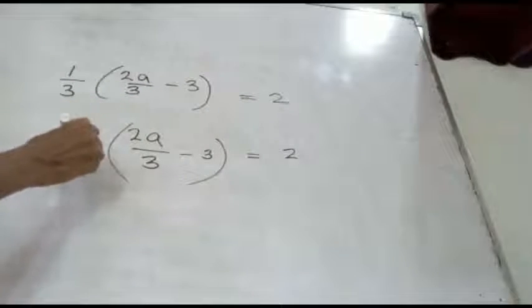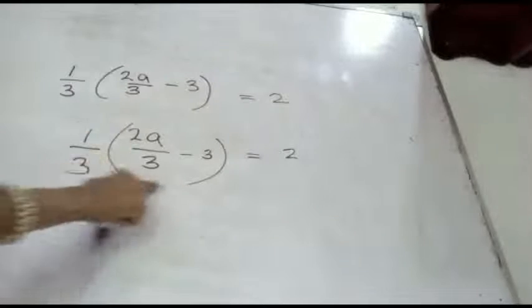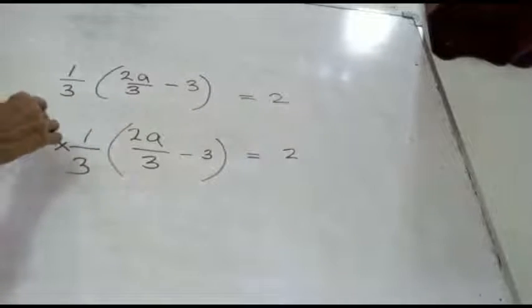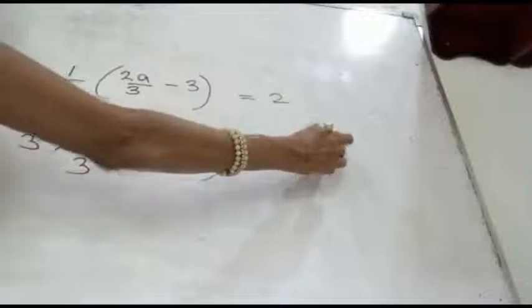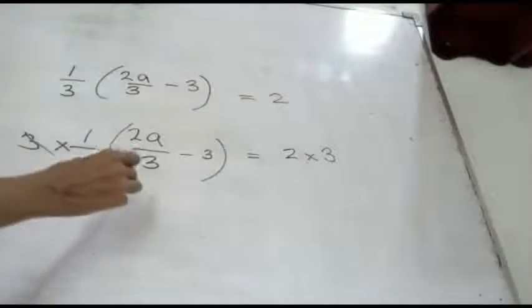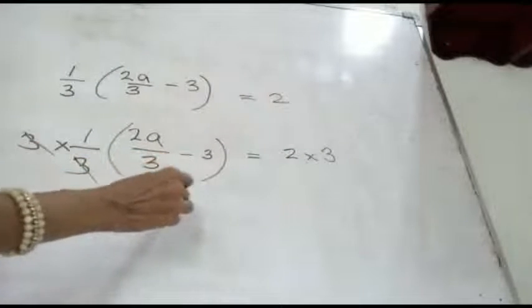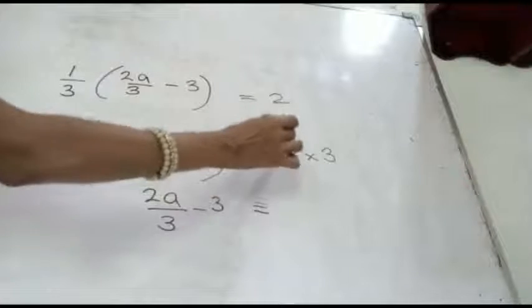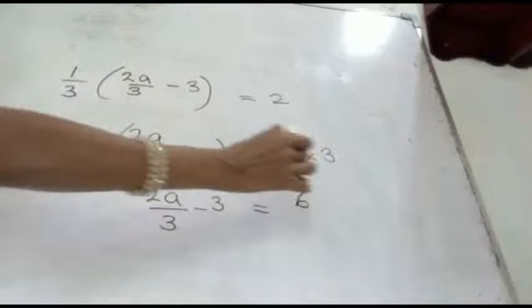Here 1/3, we multiply by 3. Both sides multiply by 3. 3 and 3 cancel out. 2a/3 − 3 is equal to 2 times 3, which is 6.